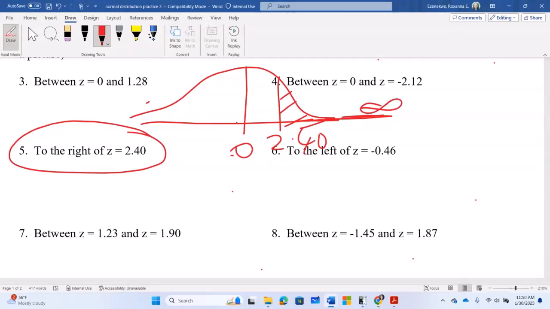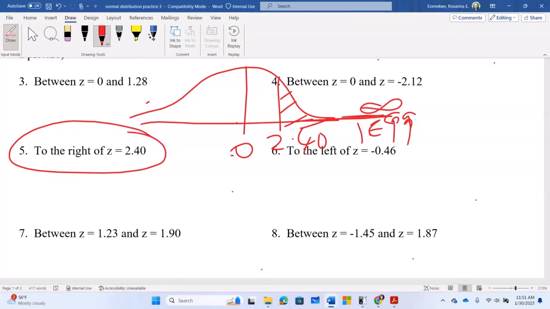But my calculator does not understand infinity. Therefore, I should put 1 e to the power 99 here. My calculator does not understand infinity. That means I need to put 1 e to the power 99. Remember, the question can always say find area to the right or area to the left.